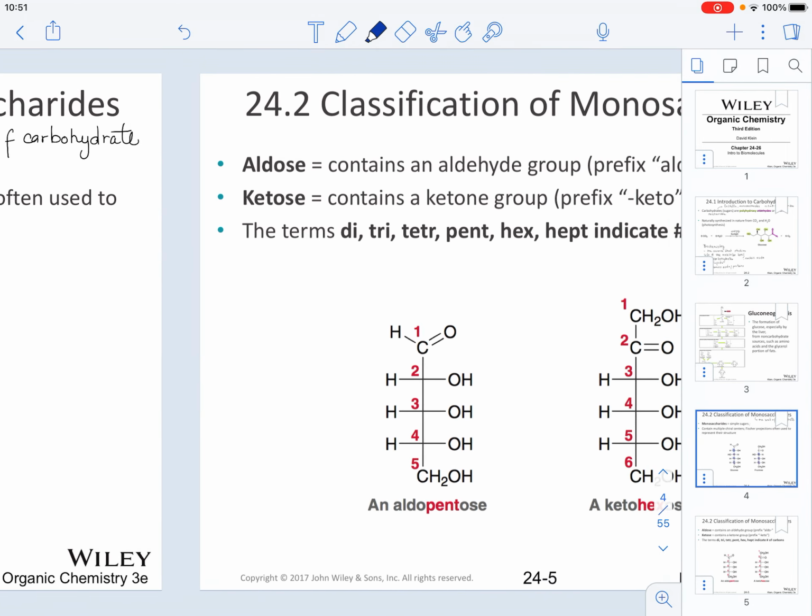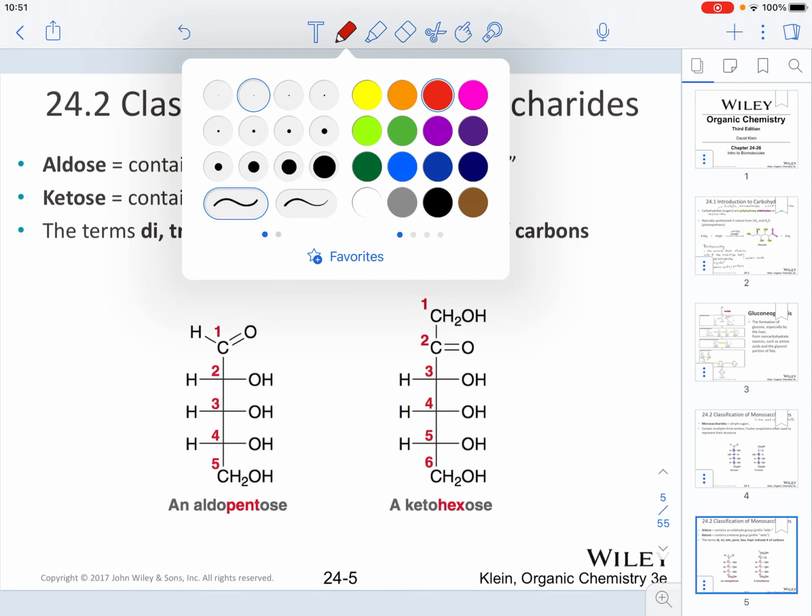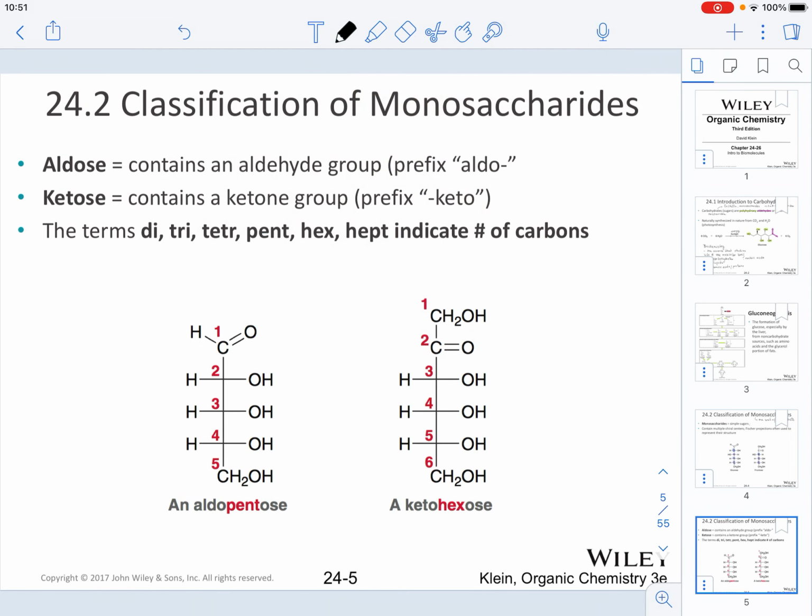Now, the classification of monosaccharides also is extended from that. The basic idea of classifying monosaccharides includes what is the carbonyl functionality that is present in your molecule and how many carbons are in there.